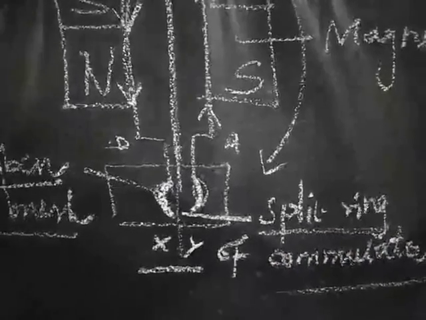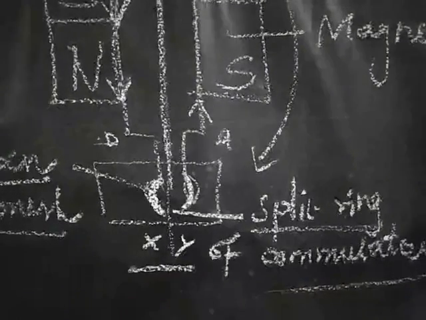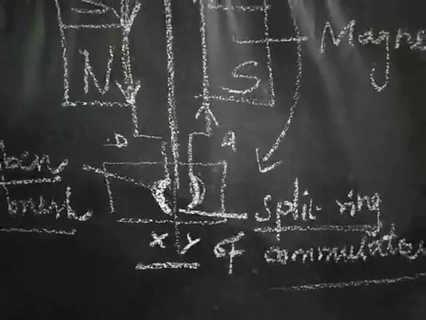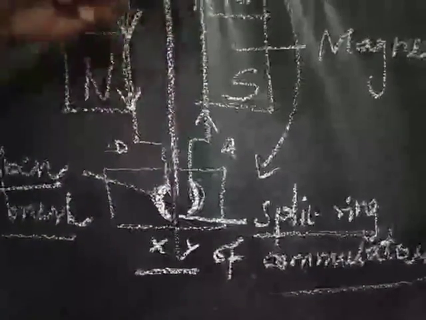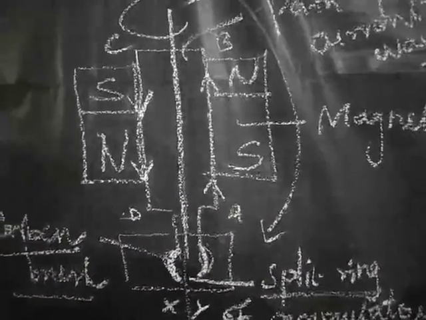What is the use of the split commutator? It changes the direction of the current. If we want to change the direction, we have to keep one small device, called the split ring commutator.